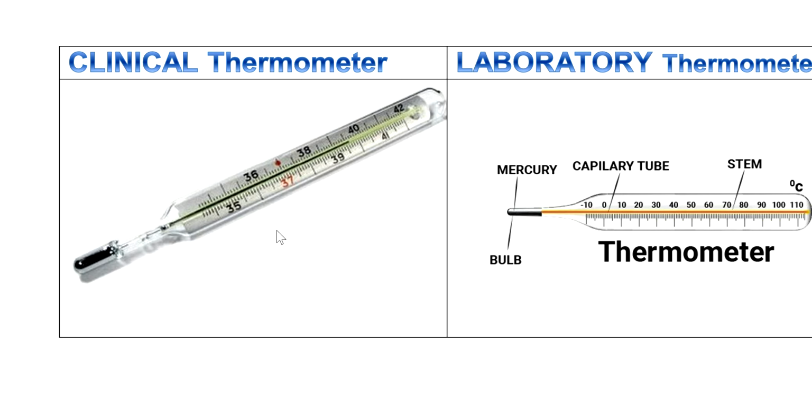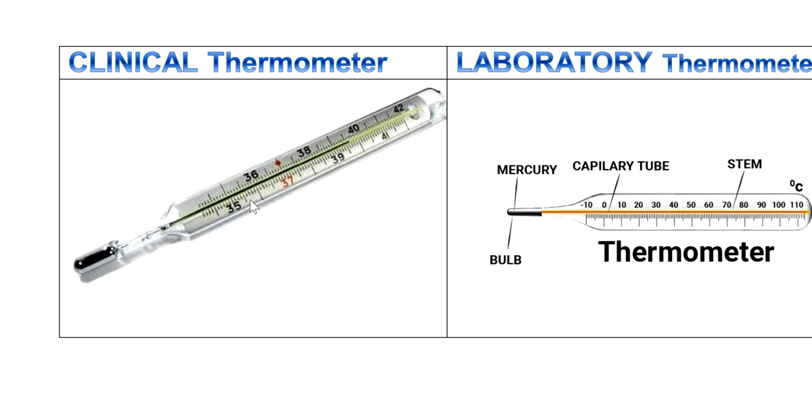Now if you see at the microscopic level, the clinical thermometer is representing temperature from 35 till 42. If you subtract 35 from 42, you will get 7.